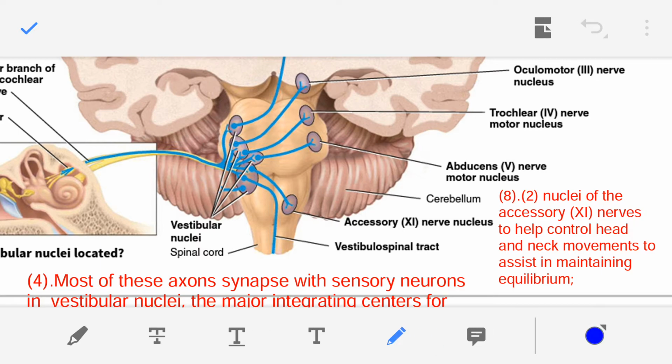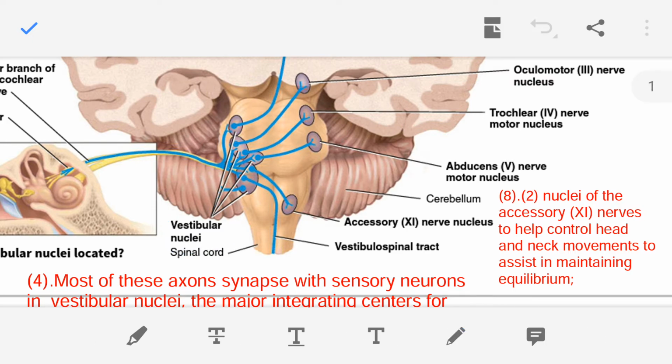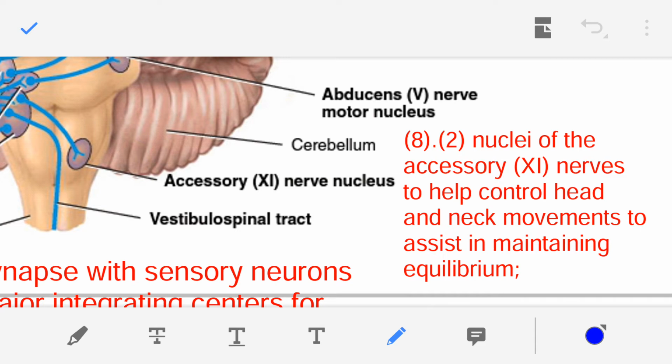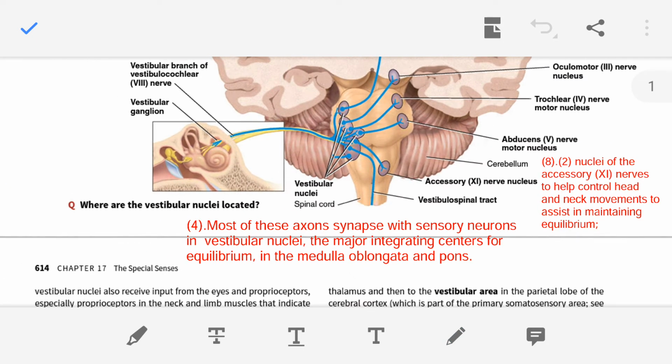Here you can see the vestibular nuclei also sending commands to the accessory nucleus. That means the vestibular nuclei also send impulses to the accessory nerve nucleus, and this accessory nerve nucleus helps to control head and neck movement, and by doing that it maintains equilibrium.